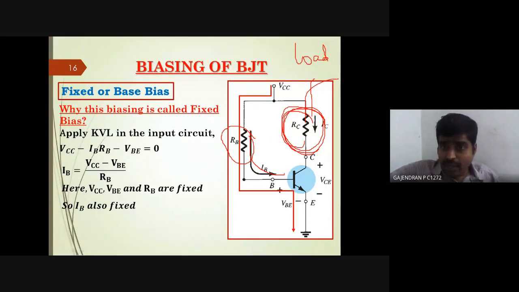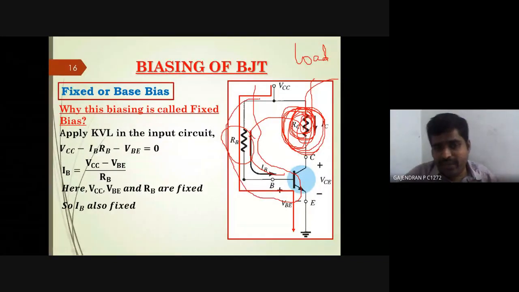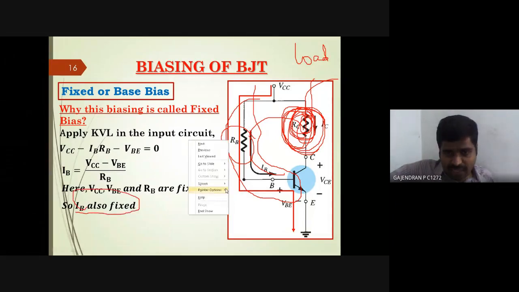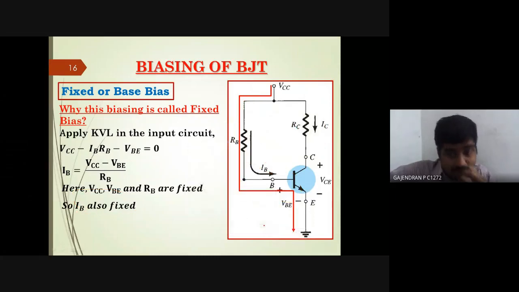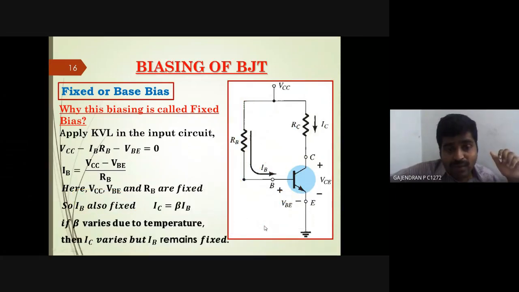So the load varies here. But if you vary the load, nothing will impact my bias circuit. The bias circuit is not going to be disturbed. The base current is going to be a fixed one. Due to this purpose only, this biasing is also called a fixed bias.